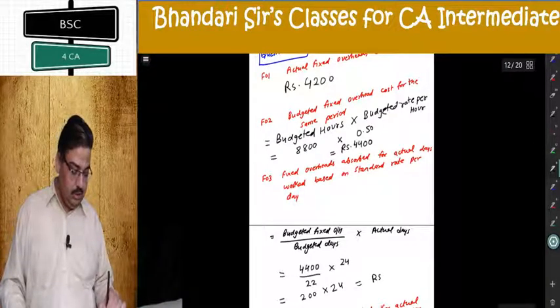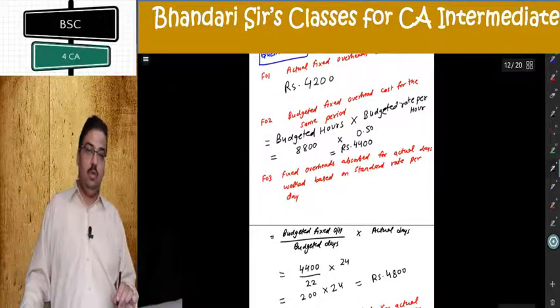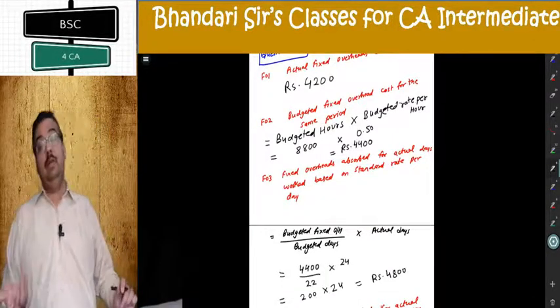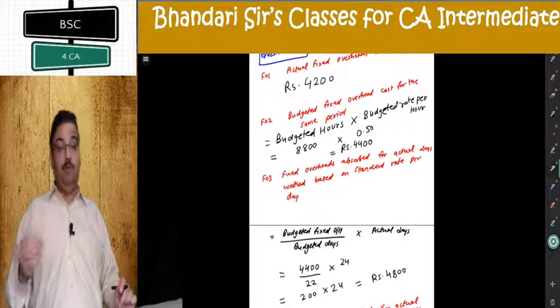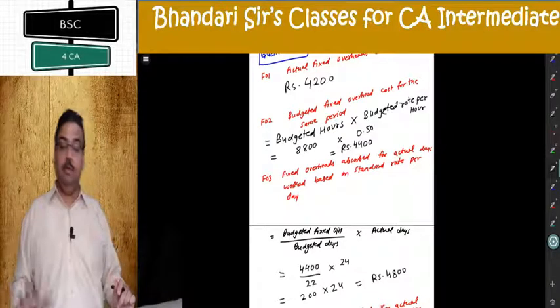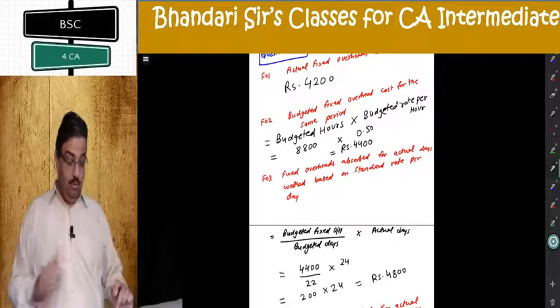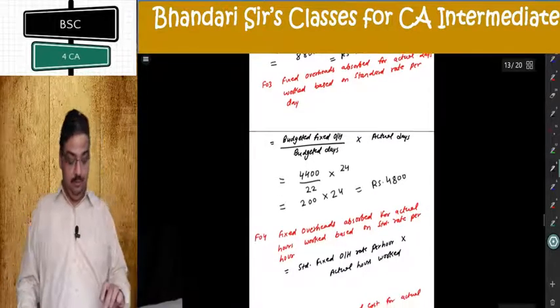Now by chance is it equal to FO2? No, it is not equal to FO2. It is different. Fine. It is equal to FO4, later on we'll compute. So we are getting 4800.